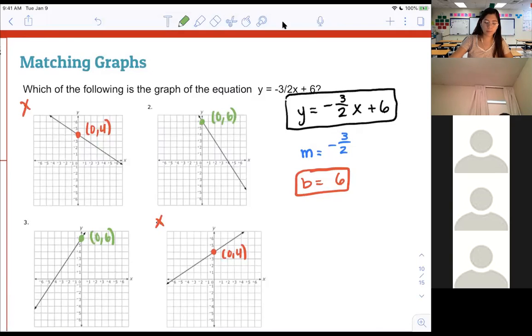Yeah, but does slope tell us a point? No. What does slope tell us? Slope represents what? What's another word for slope?